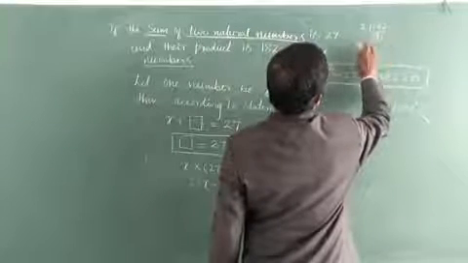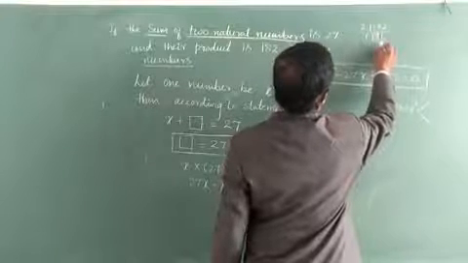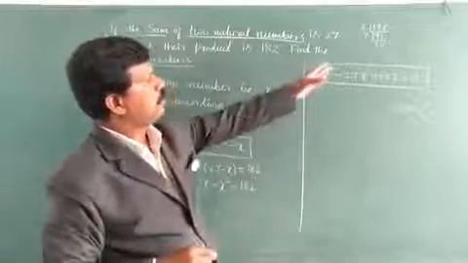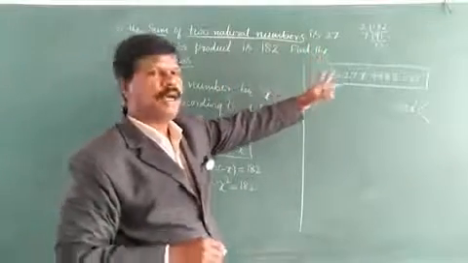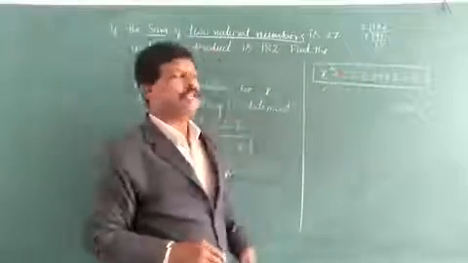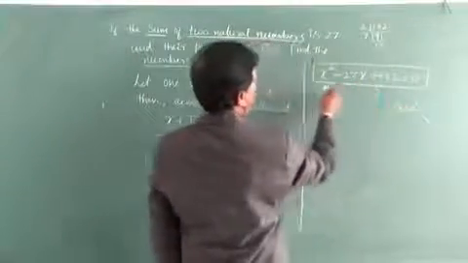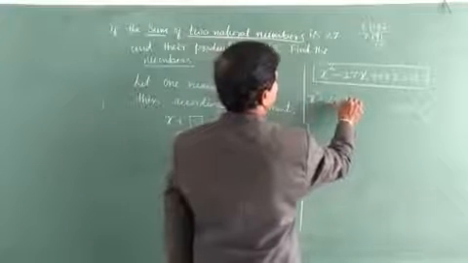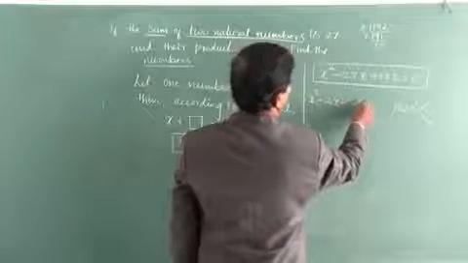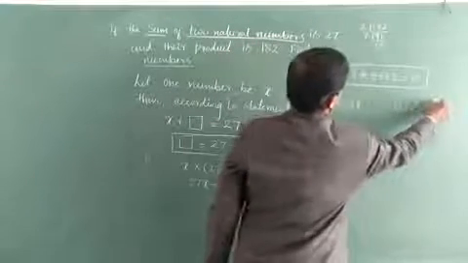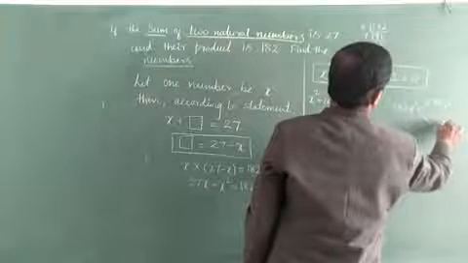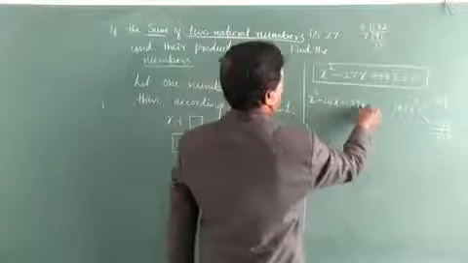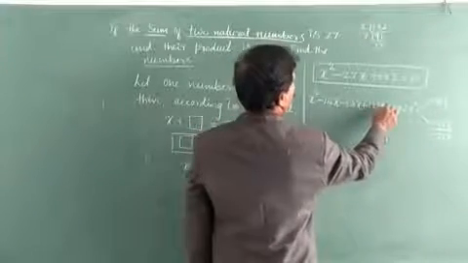Then 91: 7 ones are 7, 7 threes are 21. Now we got 7 twos are 14 and 13. 14 into 13 is 182. So x square minus 14x minus 13x, adding to minus 27x, plus 182 equals 0.